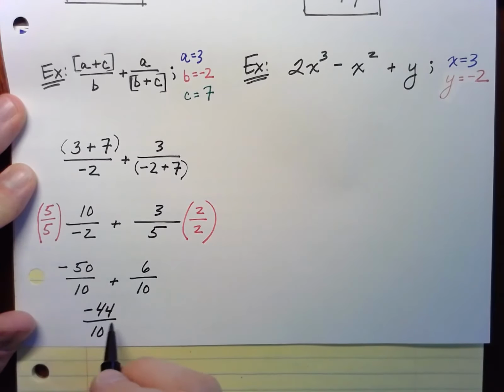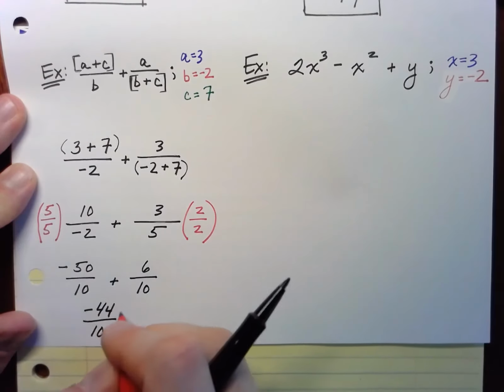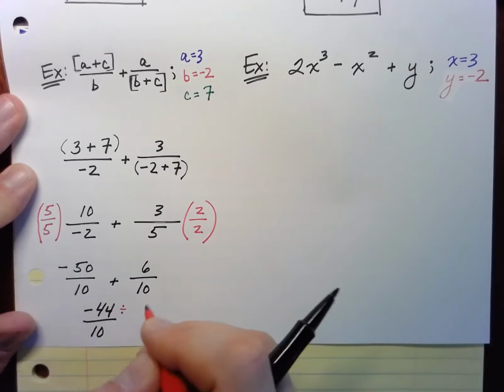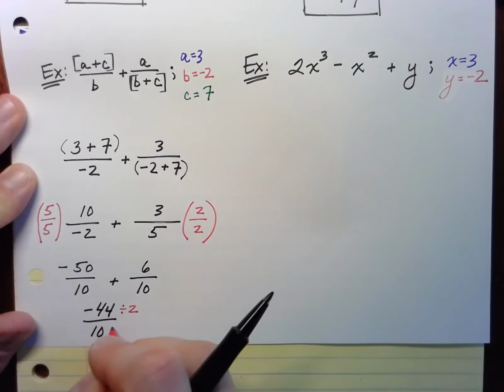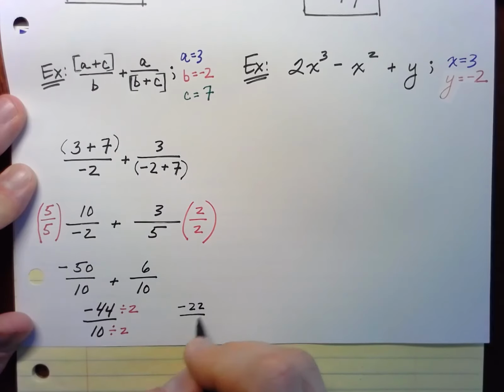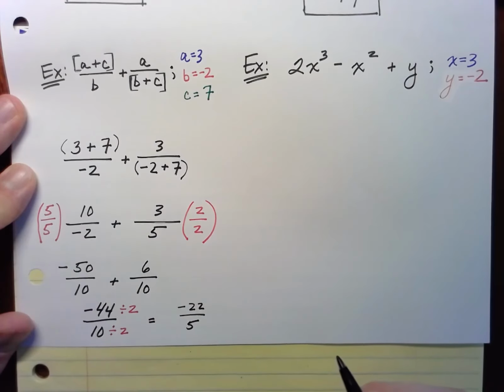Then of course I could rewrite this if I wanted to. I can simplify this by 2, and I can simplify this by 2. So I'm really getting a negative 22 over 5 right there.